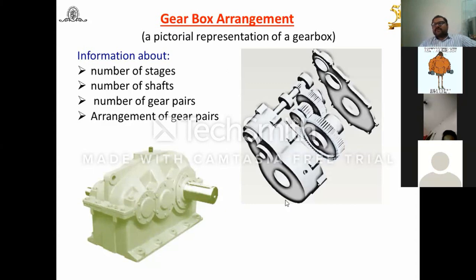Sometimes input and output may be toward the left hand side, or input and output may be on the right hand side. Accordingly, the pictorial presentation of the gearbox that you have to carry out will give you a guideline about the position of the input shaft, intermediate shaft, and output shaft, their mountings, and it will help you while designing the other components such as hub, cage, and bearings also. Bearings means selection of bearing.